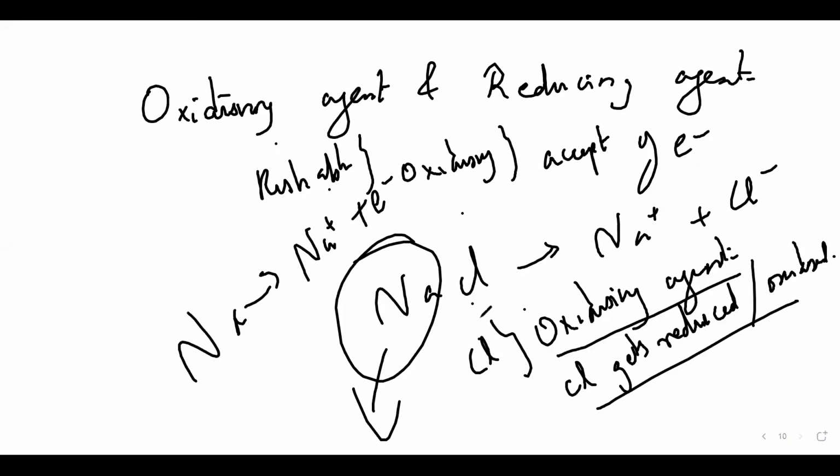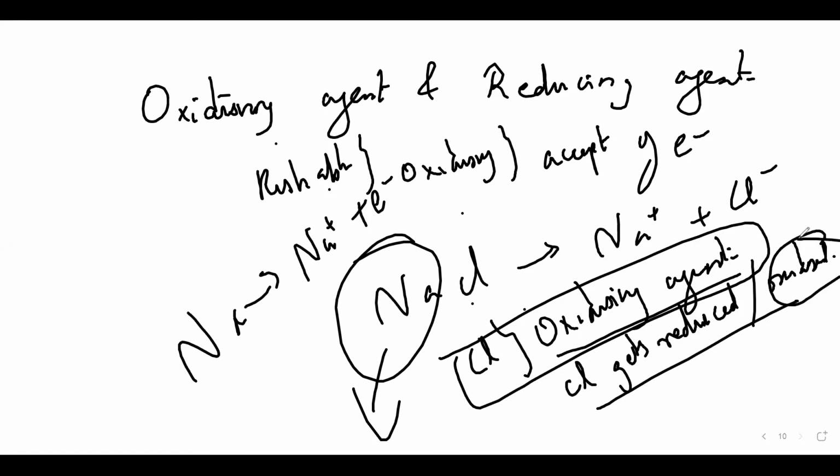So what Rishabh has told here is correct only, but chlorine is not getting reduced; it's getting oxidized. Sodium is getting reduced, so sodium is nothing but my reducing agent.